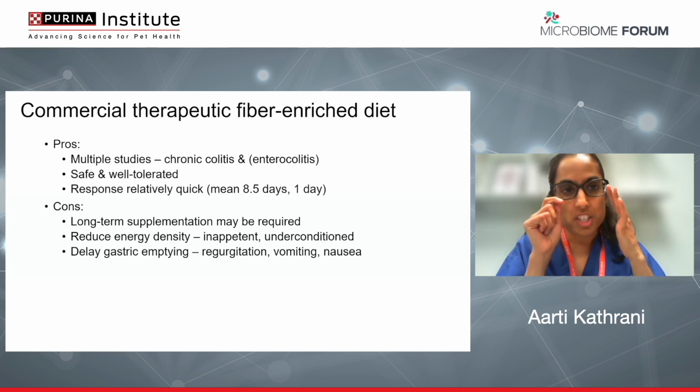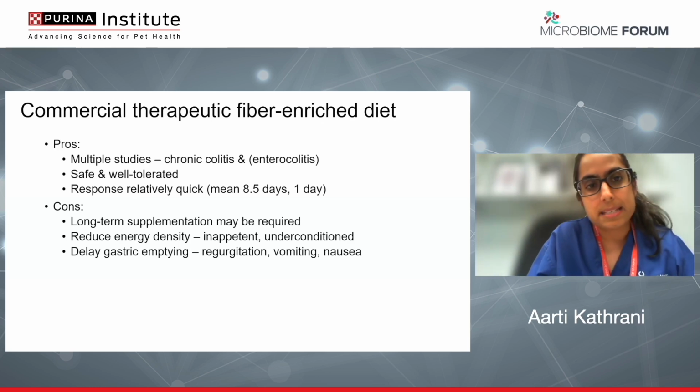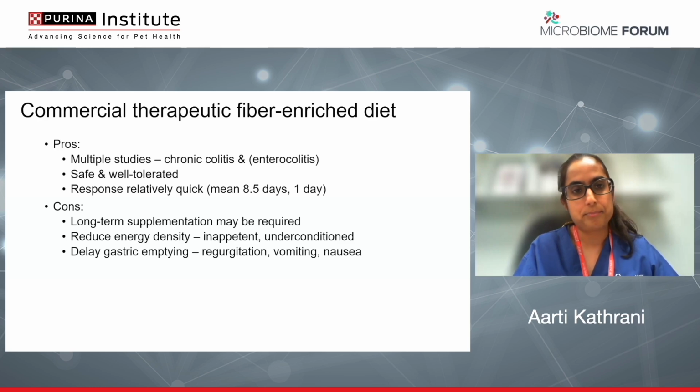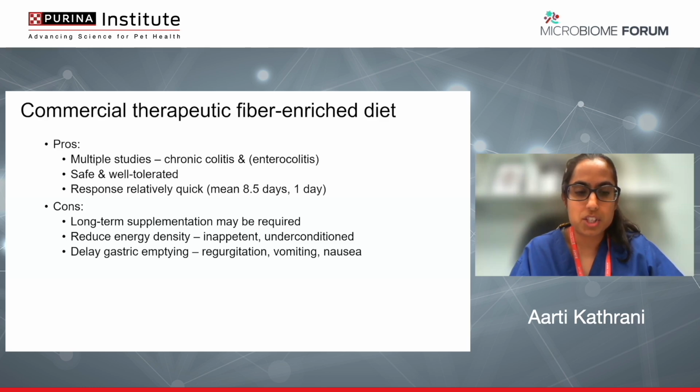Therapeutic fiber-enriched diets. So there are multiple studies showing that these can help induce remission in chronic colitis and enterocolitis cases. The studies have also shown that they are safe and well tolerated. So sometimes there can be a concern with fiber-enriched diets, particularly diets that have higher viscous fibers, that they can cause delayed gastric emptying.